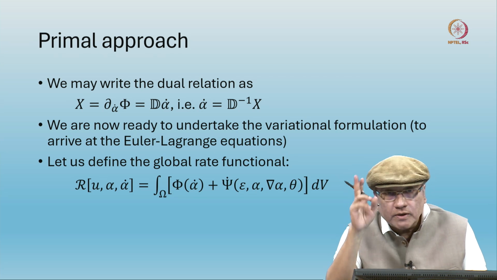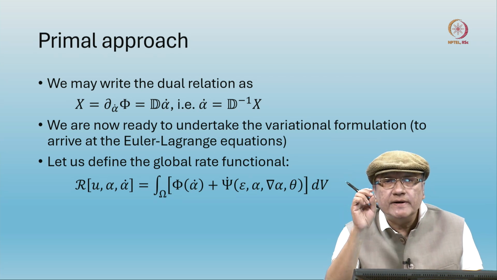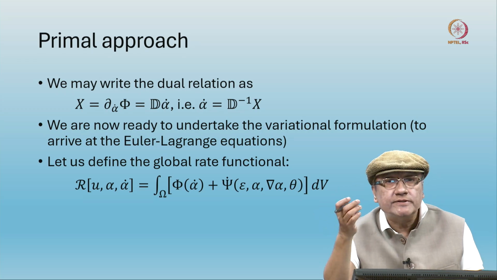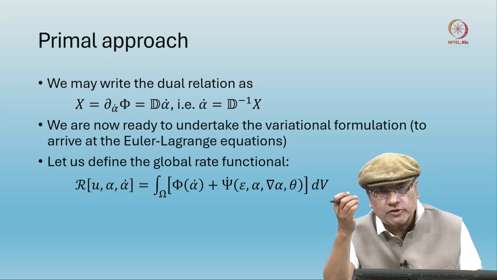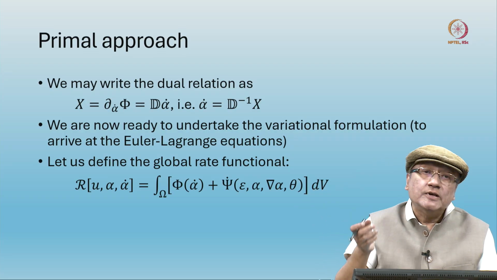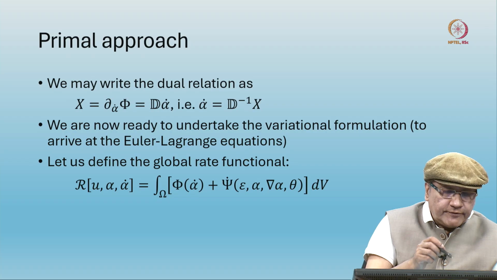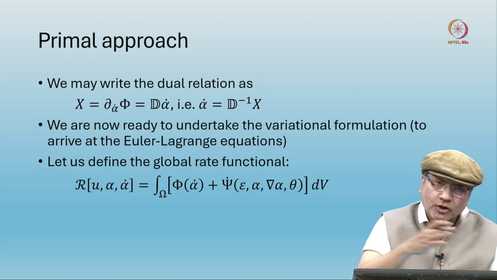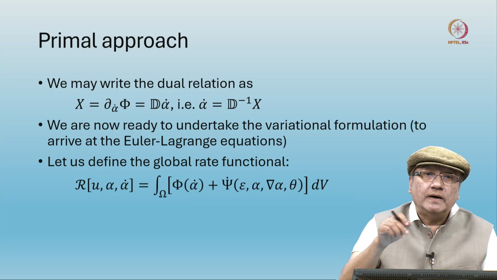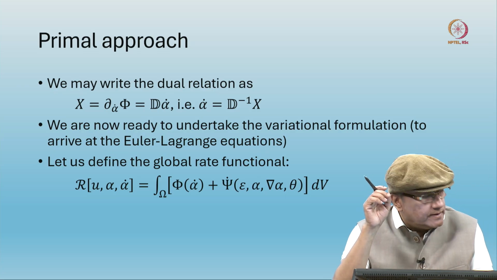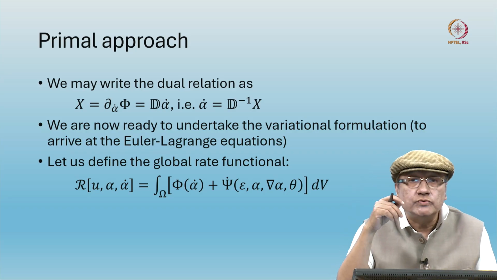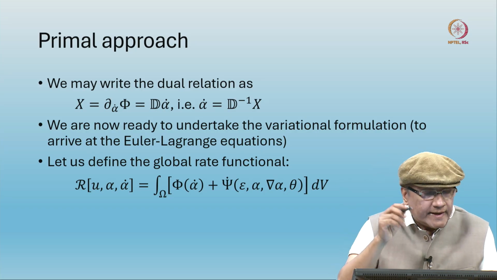One is a local minimization, that means minimization at every material point. In practice it is minimization at the points of integration, the Gauss points in your finite element framework, which will lead you to the flow rule. That has always happened for all models, if you recall. The other will be taking the variation of the global functional, which will lead you to the balance laws. We will do both.